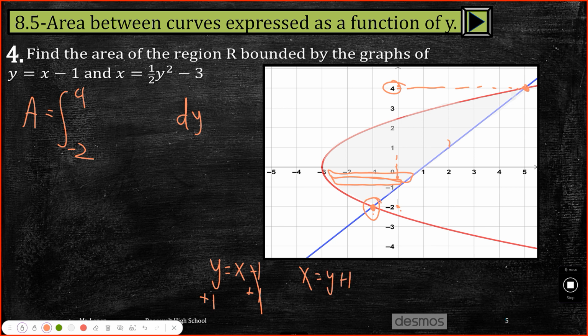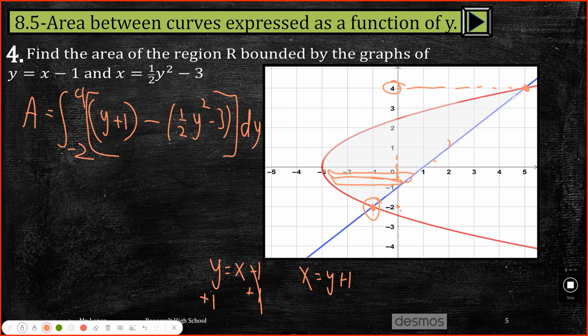So that's what you're going to put here, y plus 1. And that is the top one, we said, no? Top, and this is the bottom. Then we're going to subtract this, and good thing it's already in terms of y, x equals this. So let's go ahead and do 1/2 y squared minus 3, and the whole quantity dy.